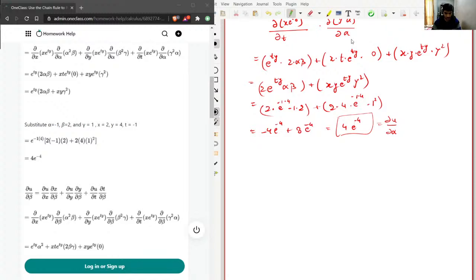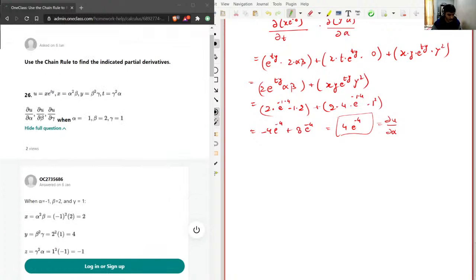So we'll go for the second one, which was del u over del beta. Again, del u over del beta will be del u over del x times del x over del beta plus del u over del y times del y over del beta plus del u over del t times del t over del beta. So I'll just take the values from here only.